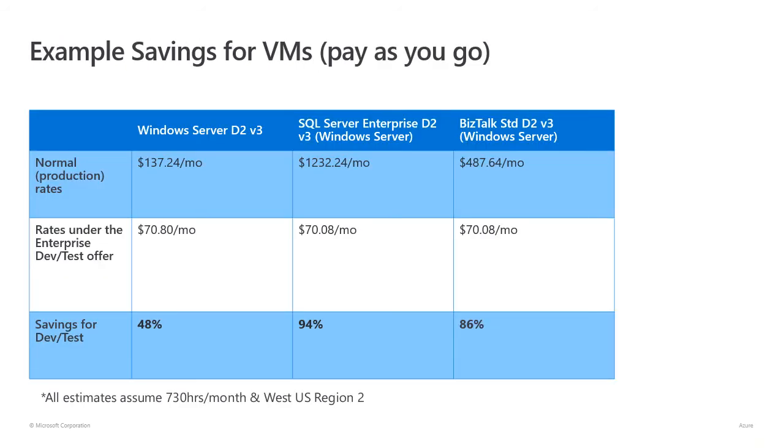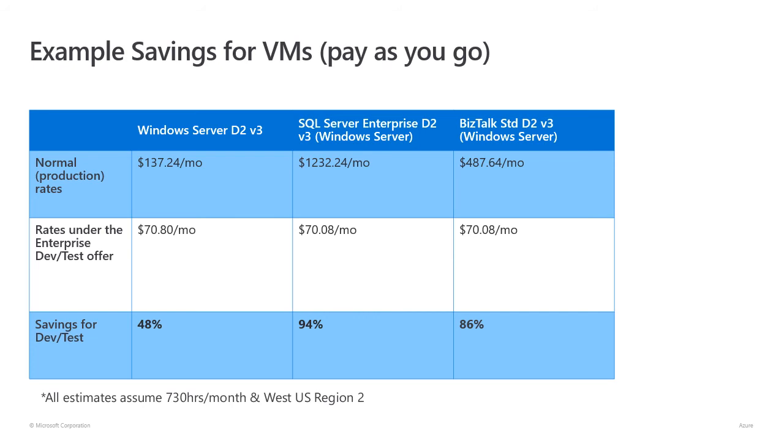Speaking about discounts, this is what I meant. If you were to use, for example, Windows Server, SQL Server, and BizTalk, a D-series virtual machine that runs BizTalk, which runs Windows Server, you will normally pay these amounts per month: 137, 1,232, 487. Take a look at the rates that you're going to pay if you take this offer.